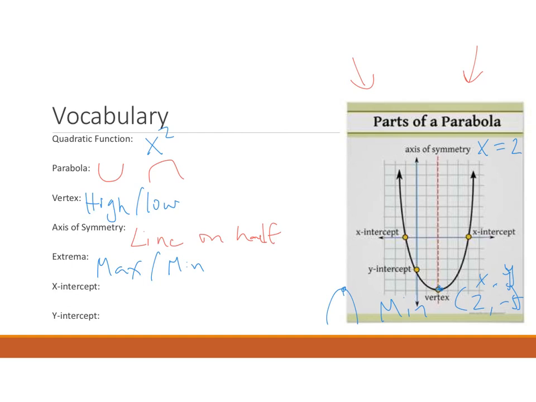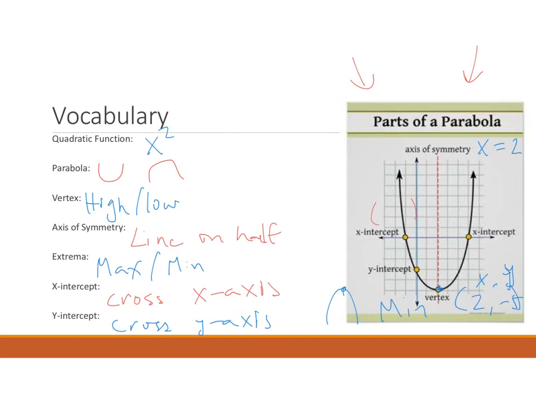And x and y intercepts are words you're used to. The x-intercept is where it crosses the x-axis. The y-intercept is where it crosses the y-axis. Again, we're going to write these as ordered pairs. Now, in this case, I have two x-intercepts. It crosses it twice.